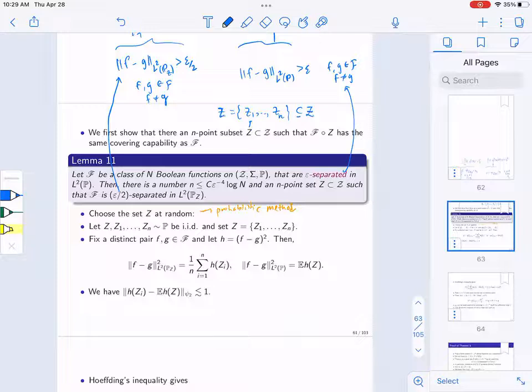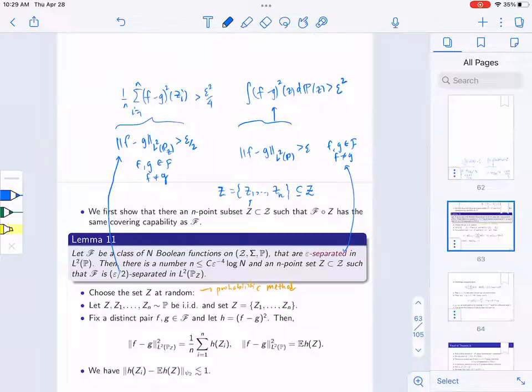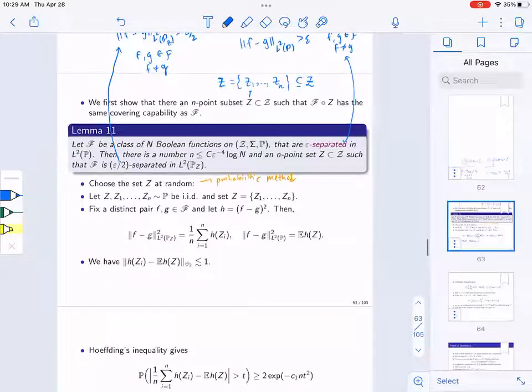Then if you look at these statements here, you can see the square of the empirical norm is just 1 over n, the sum for i from 1 to n of h of zi. So this is like an average.